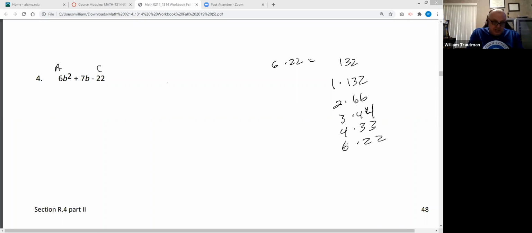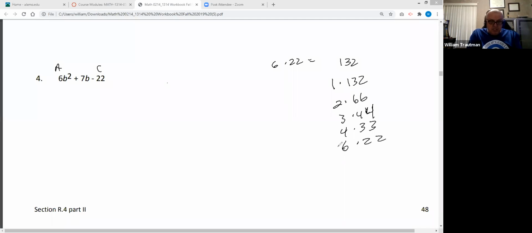Next, 132 divided by 8. No, that's a decimal. What else could we? Oh, I see it. I see one. 132 divided by 9.